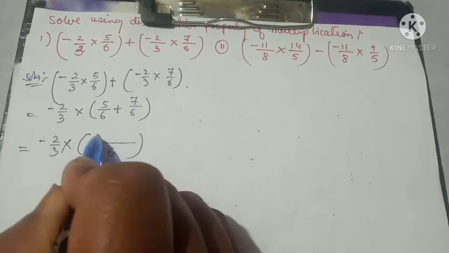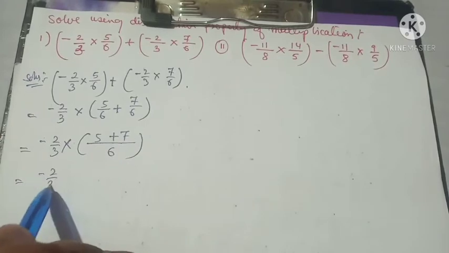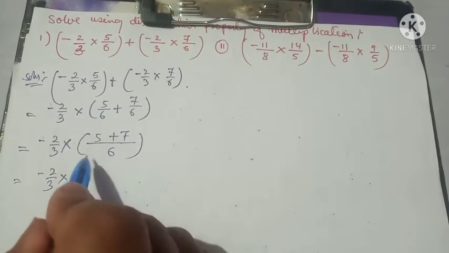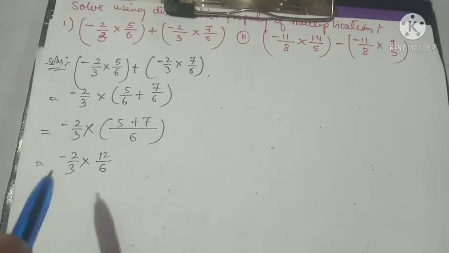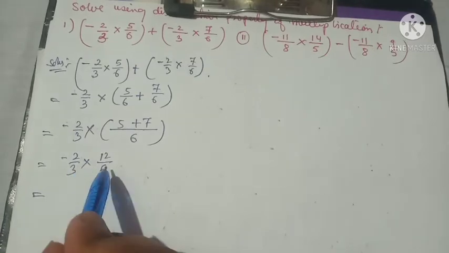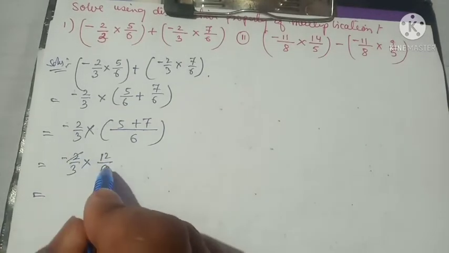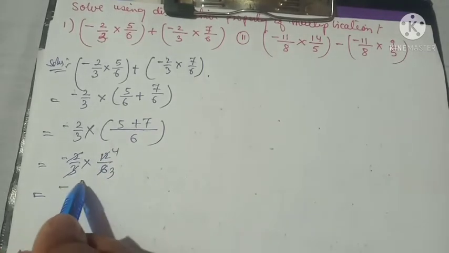Now comes 5 plus 7, so minus 2 by 3 into 12 by 6. Then we can cut the 3 and 6, and this one is 4. So minus 4 by 3.